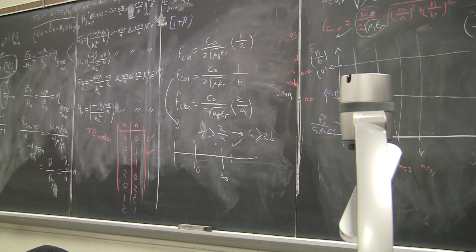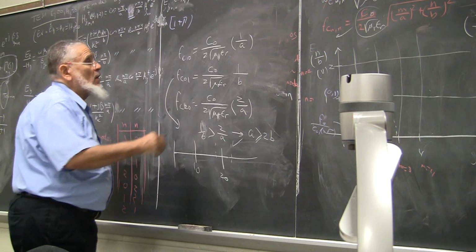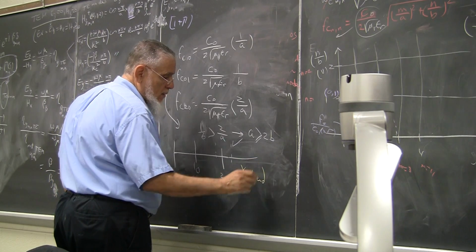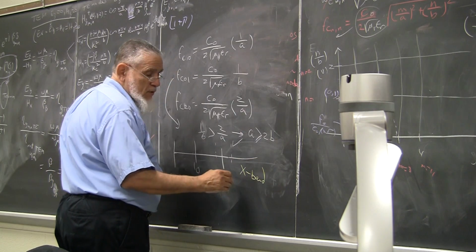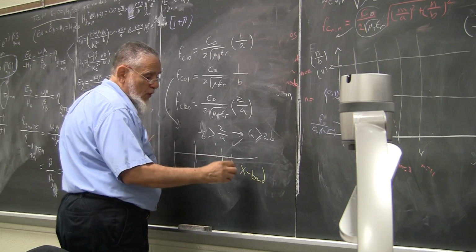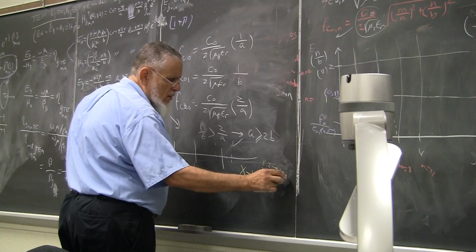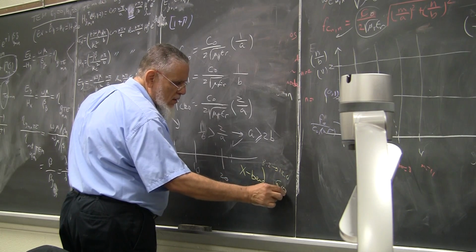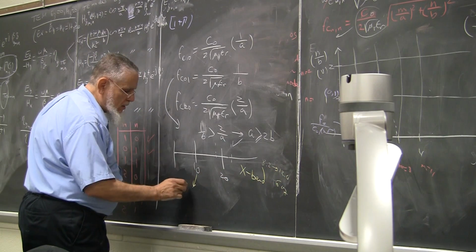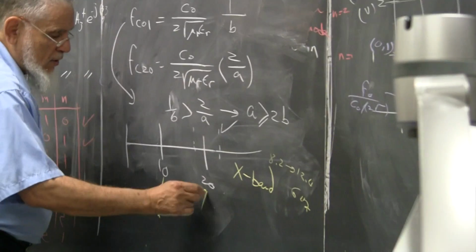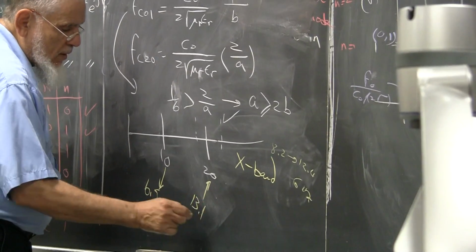The X-band waveguide that we talked about, which was 8.2 to 12.4 gigahertz, if you remember that, have this one here sitting at 6.5 something, and this one here is going to be 13.1.